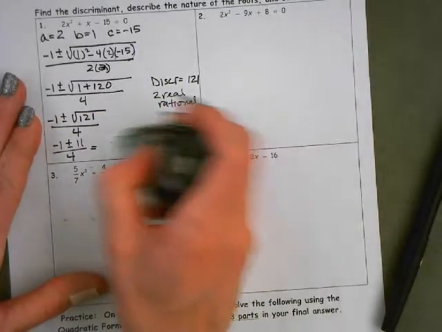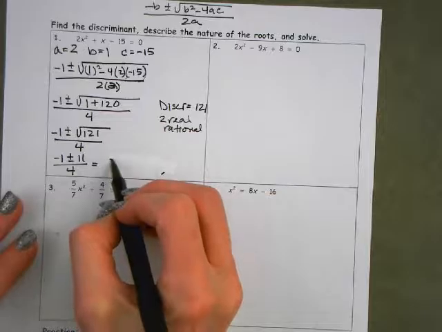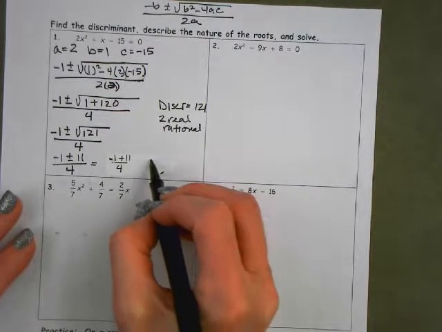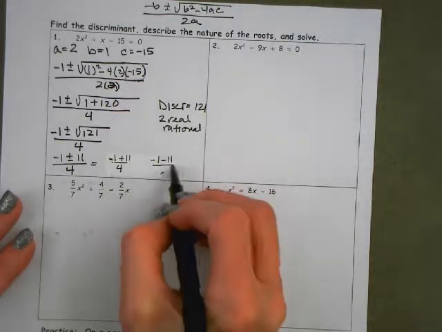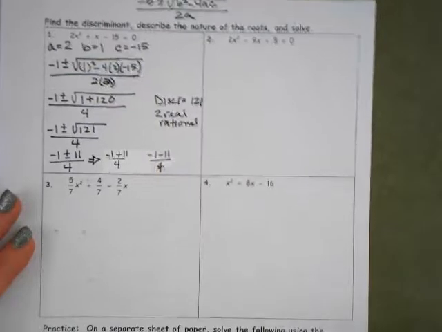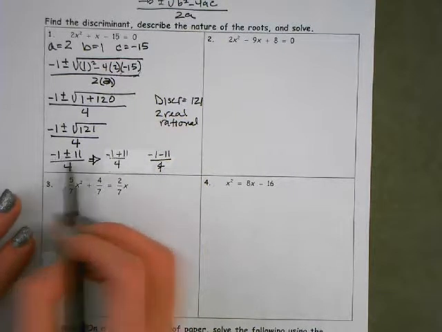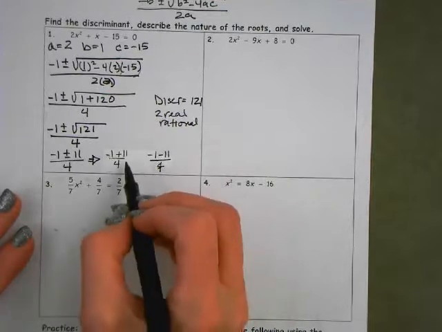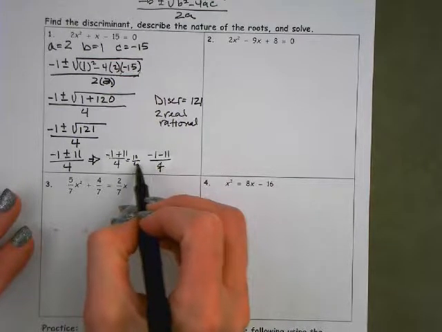I have negative 1 plus 11 over 4, and I have negative 1 minus 11 over 4. Those are my 2 situations, right? So negative 1 plus 11 is 10 over 4, and then negative 1 minus 11 is negative 12.